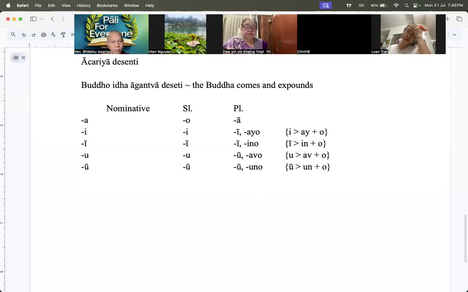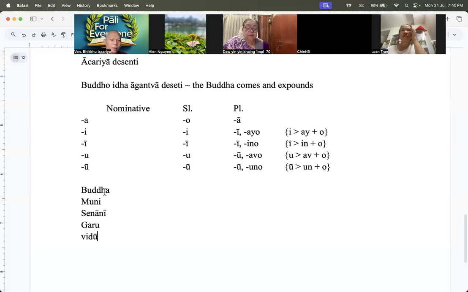So now these nouns, for example, Buddha, and then Muni, and then Sinani, and then Guru, and then we do.